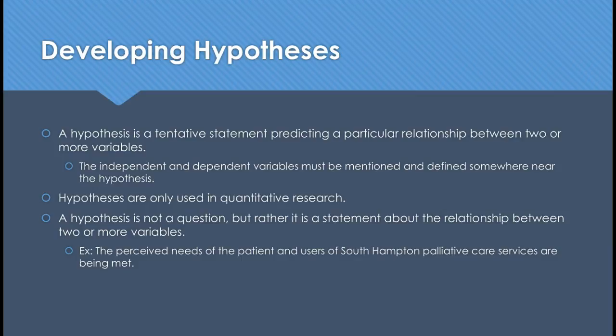So, for example, the perceived needs of the patients and users at Southampton Palliative Care Services are being met. You're going to prove that through the study you're going to conduct, or it's going to be a null hypothesis and not be proven. So a hypothesis is not a question, but it's a statement about the relationship between these 2 or more variables that you can clearly identify.